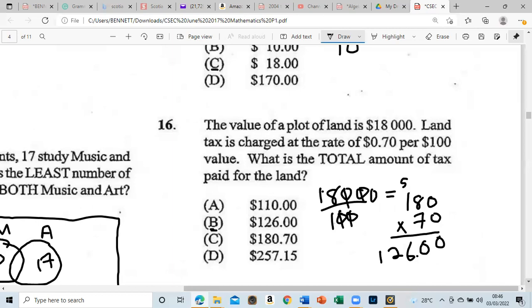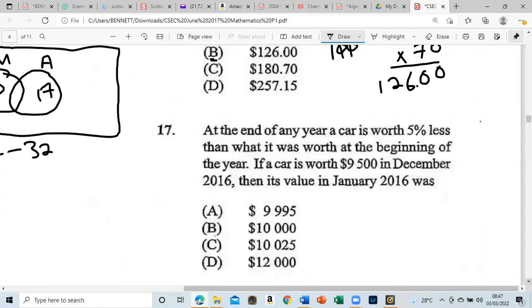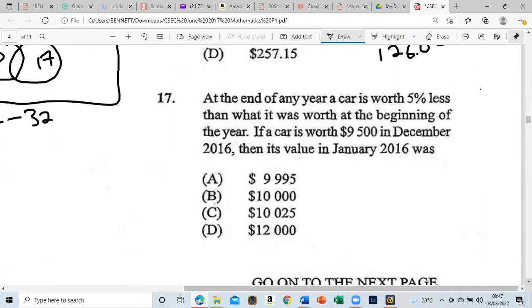Let's move on to number 17. All right, it says at the end of any year, a car is worth 5% less than what it was worth at the beginning of the year. If a car is worth 9,500 in December 2016, then its value in January 2016 was. All right, so guys, let's take it step by step. I know it's 10,000, but I'll show you guys how we get that. You see at the end of the year, it's worth 5% less.